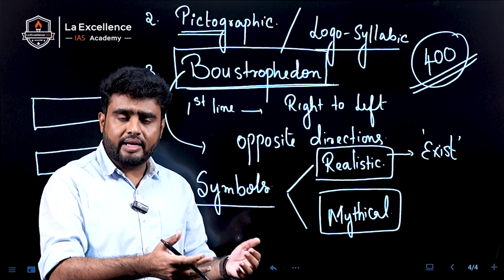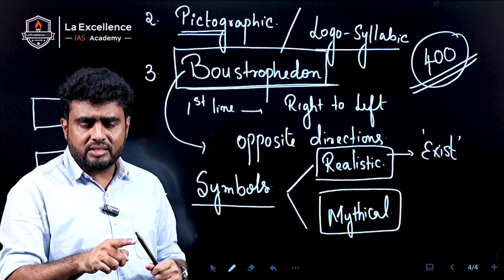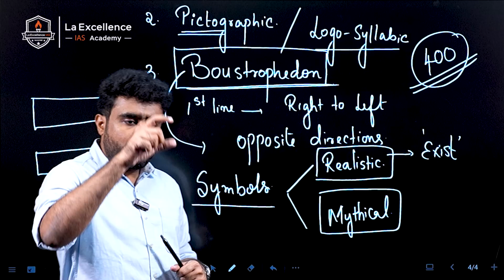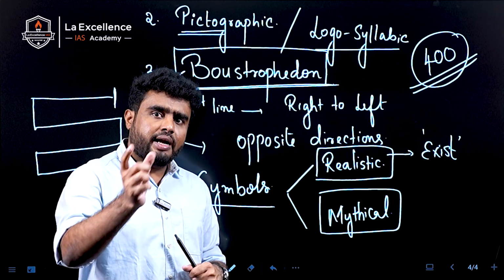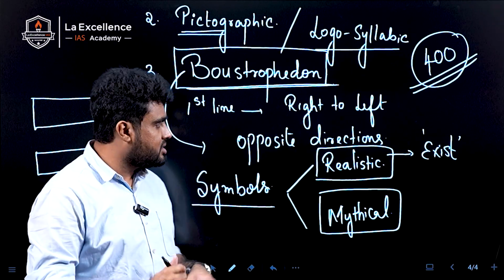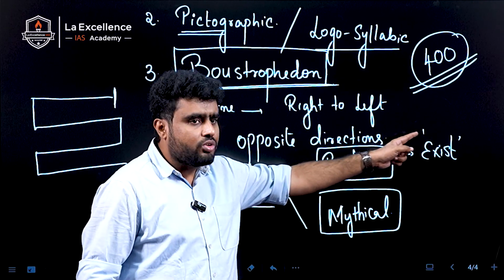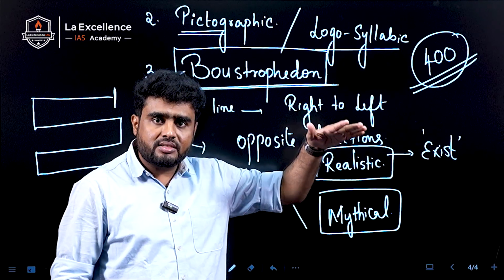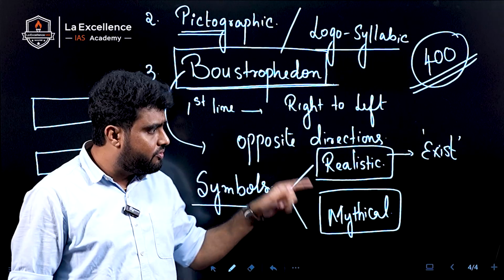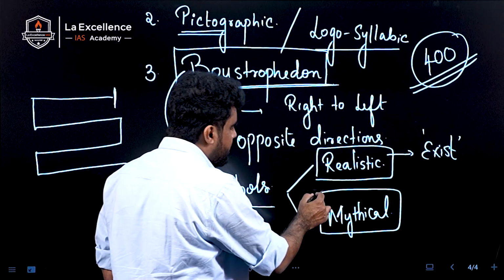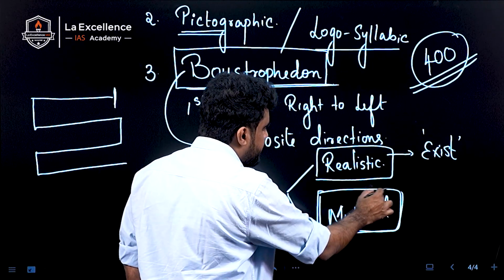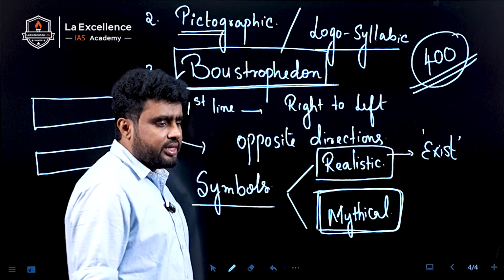Yes, deer also exist. Where animals truly exist in nature and are made into symbols as they are, we call such symbols realistic symbols because those animals truly exist in our surroundings. Whereas the IVC people also created certain mythical symbols in their script.